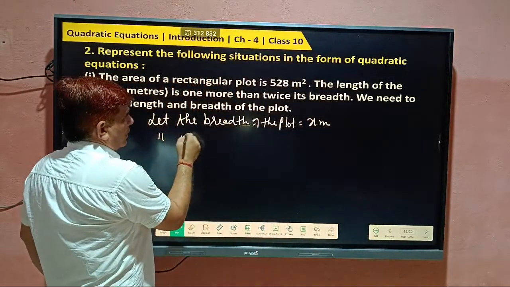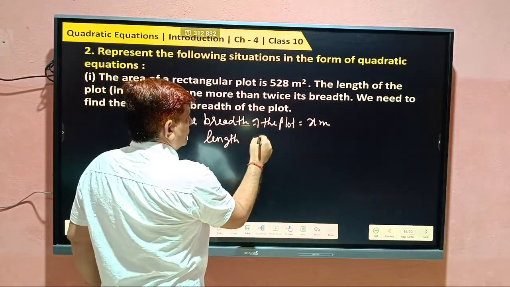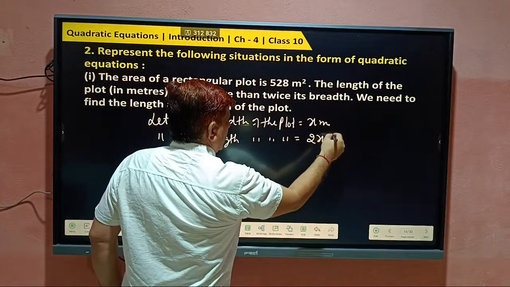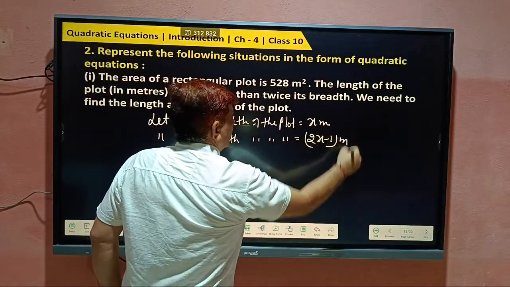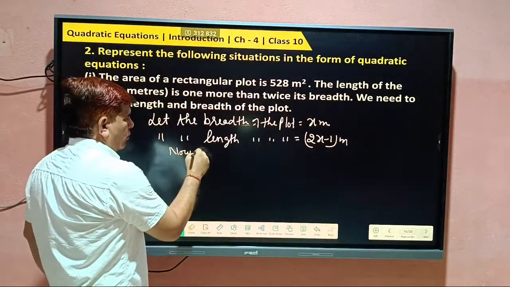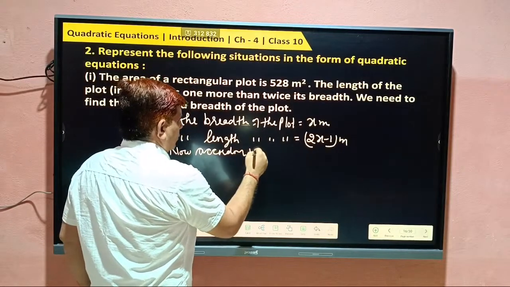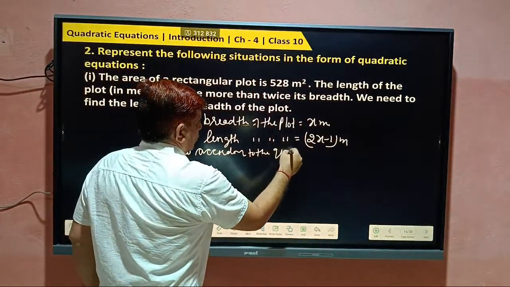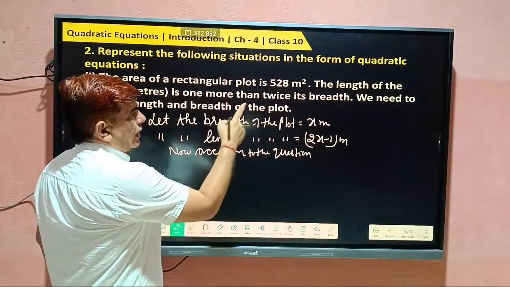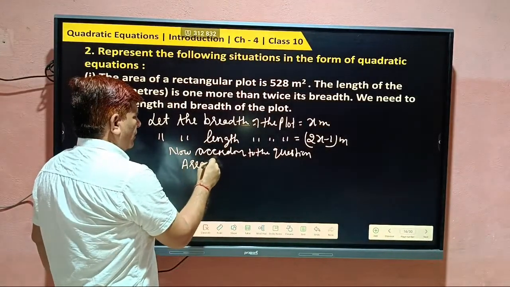So let the length, according to the question, be 2 times the breadth minus 1. Now according to the question, what is the area of the rectangle?